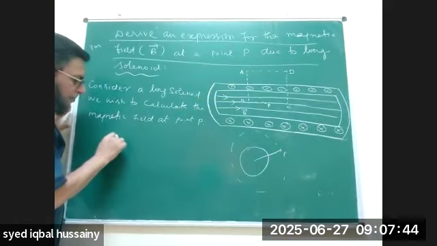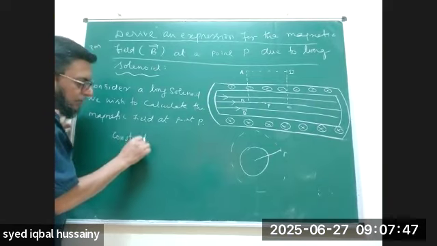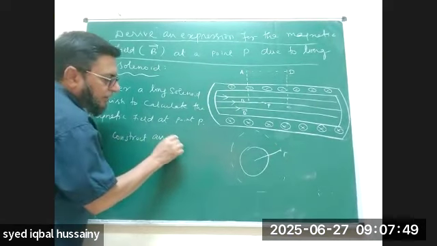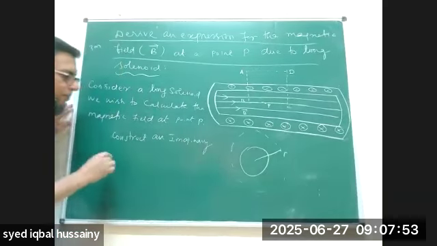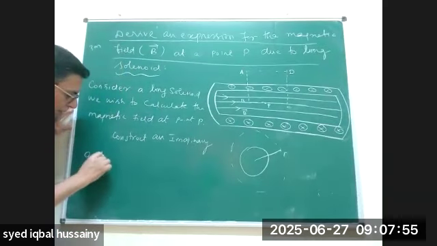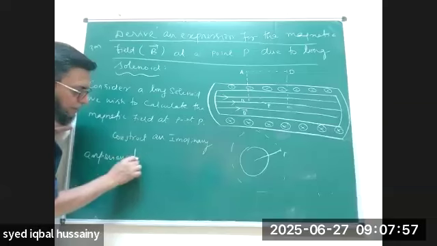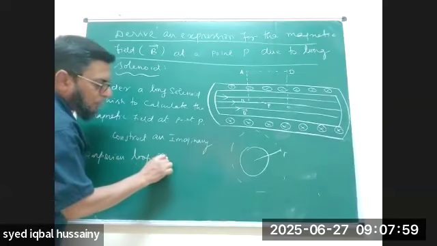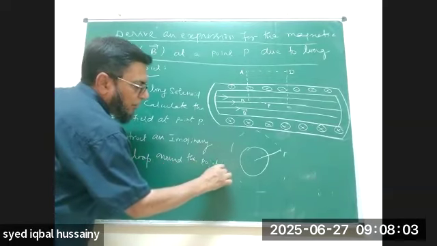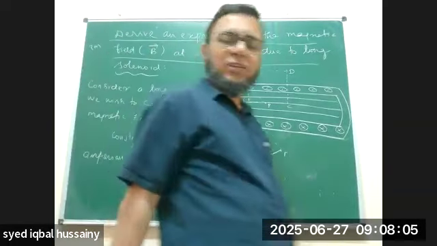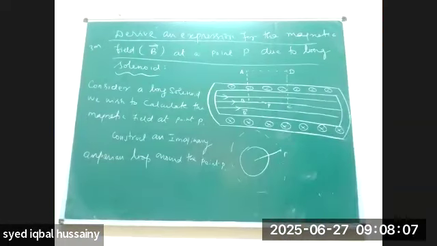Construct and imagine an Amperian loop around the point P. Up to this, do you understand, all of you? Quickly, tell me.